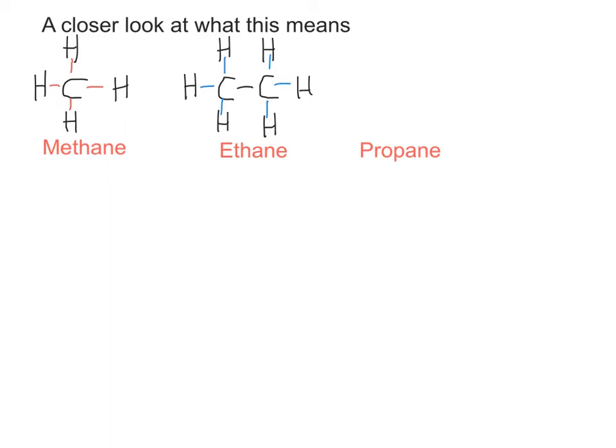If, let's say, we now go on to talk about propane, obviously, you're going to have three carbons like that. But this time, we have a number of different environments.